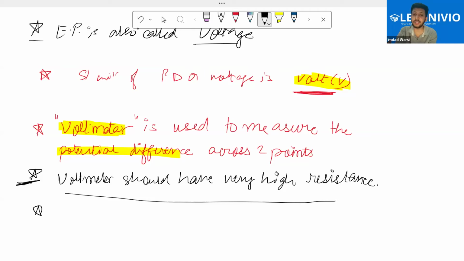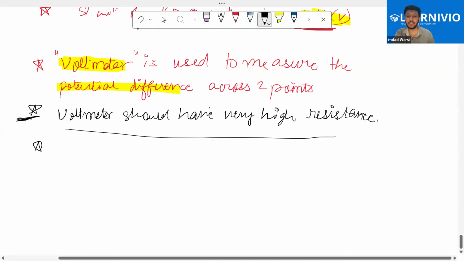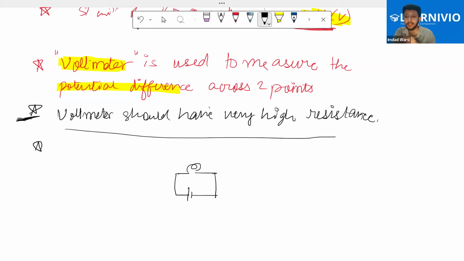Now, you must ask, this is the question I thought you would ask, why should this voltmeter have high resistance and why are we connecting it this way? Do you understand the meaning of connecting in parallel and series? Let's suppose this is a circuit, this is a bulb, and this is a battery. Now I want to connect a voltmeter. How do we connect a voltmeter?